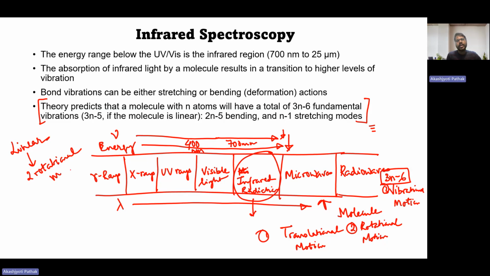It will not give any other different orientation. That is why that rotation along its own axis is not considered. So a linear molecule will have only two rotational motions and three translational motions, and as a result, it will have 3n minus 5 vibrational motions. Okay, let's look into this.